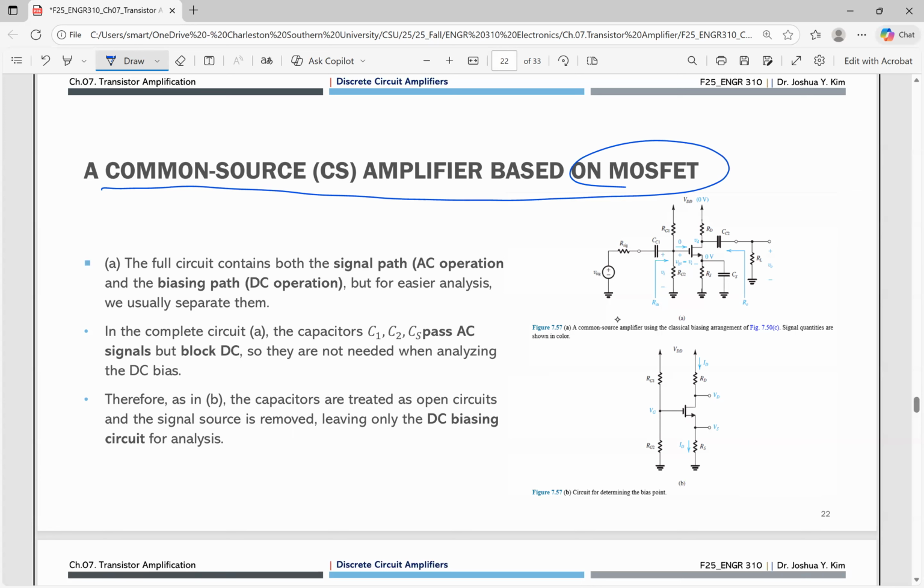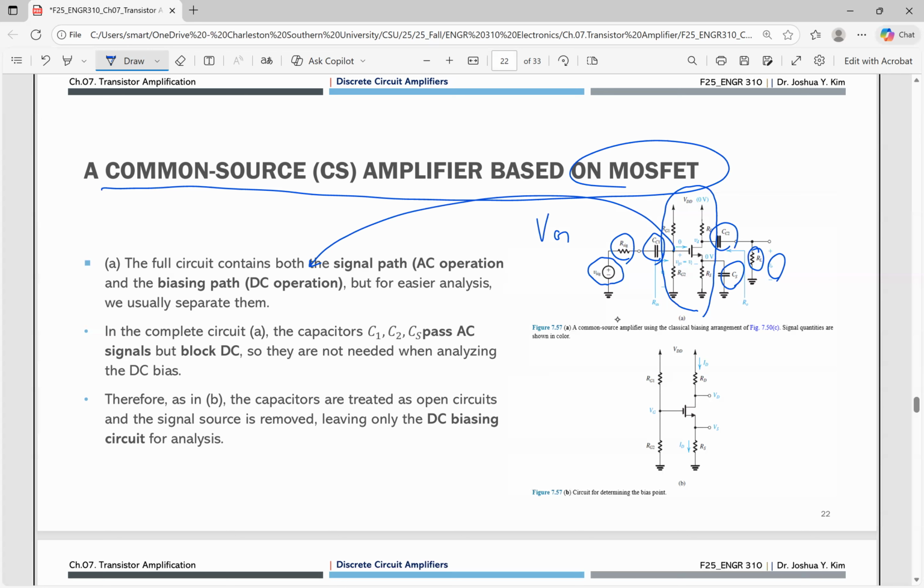In Figure 7.57, you can see V sub sig and R sub sig, the voltage divider bias, the capacitor, the load resistor, and the output voltage. In figure A, the first circuit contains both the signal paths for AC operation and the biasing paths, especially the DC bias. But for easier analysis, we usually separate them.